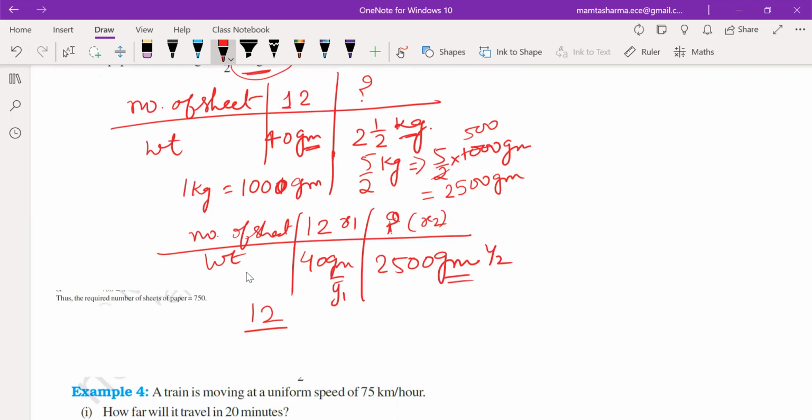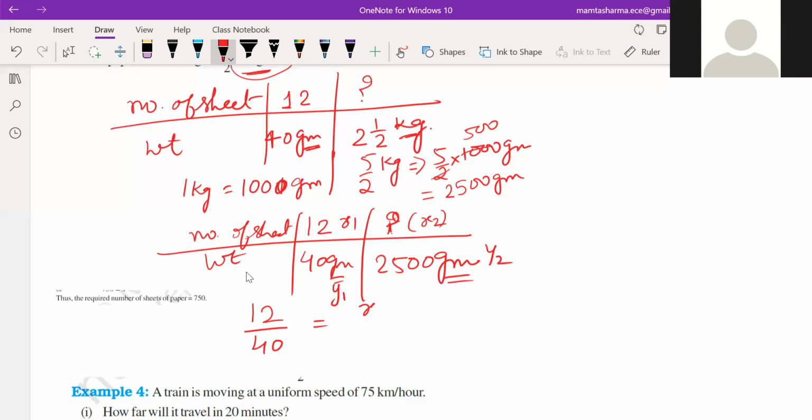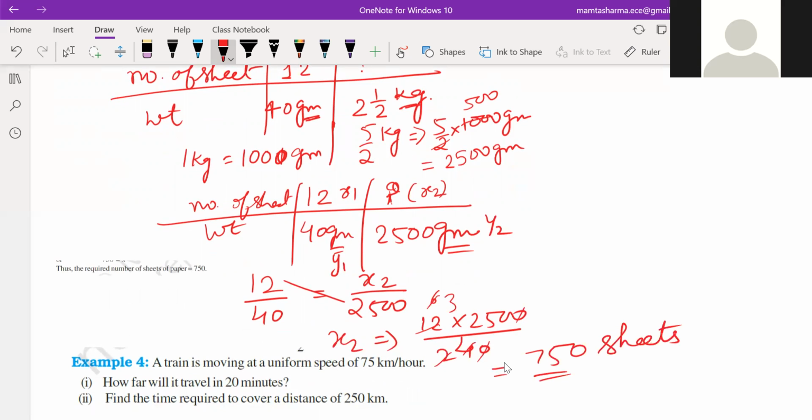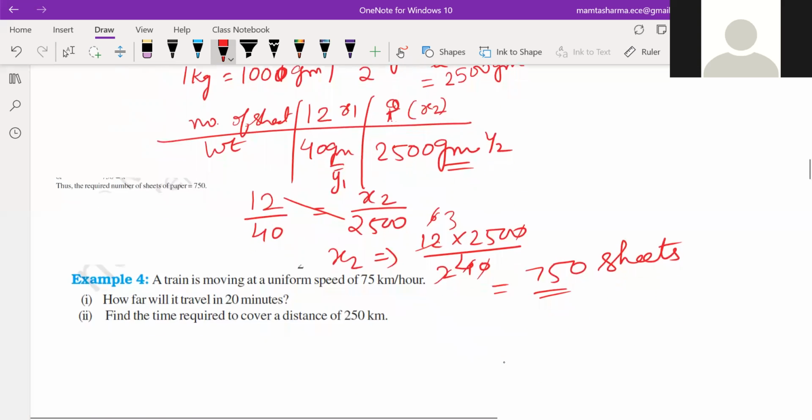So 12 divided by 40 equals X2 divided by 2500. Again cross multiply: 12 into 2500 divided by 40. So solve it. Do it fast. I'm getting 750. 750 sheets. Yes, ma'am. Yes, 750. Okay, clear?